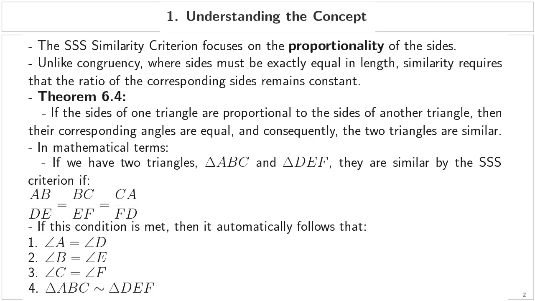If you can successfully prove that these three fractions are all equal to the same value, then the math does the rest of the work for you. It automatically follows that angle A equals angle D, angle B equals angle E, and angle C equals angle F. Once those angles match, we can formally state that triangle ABC is similar to triangle DEF.